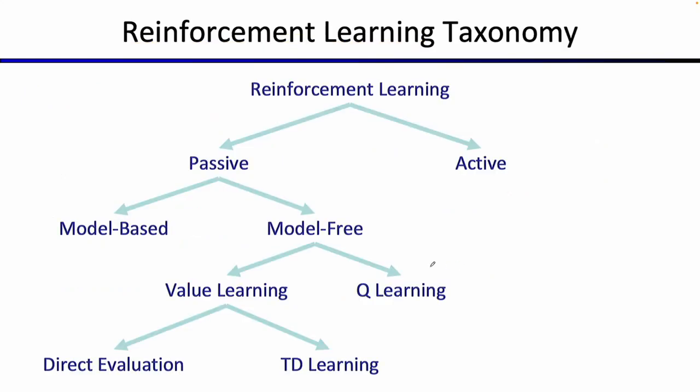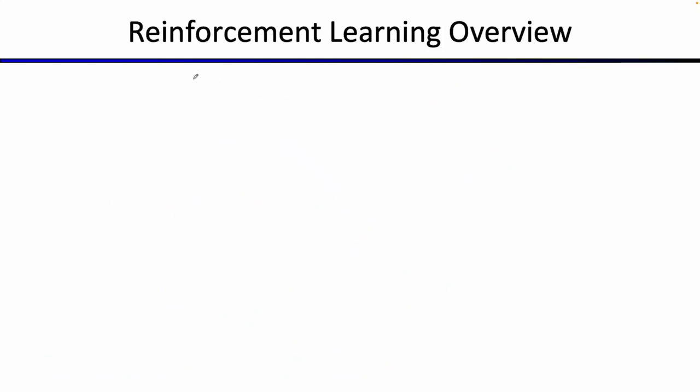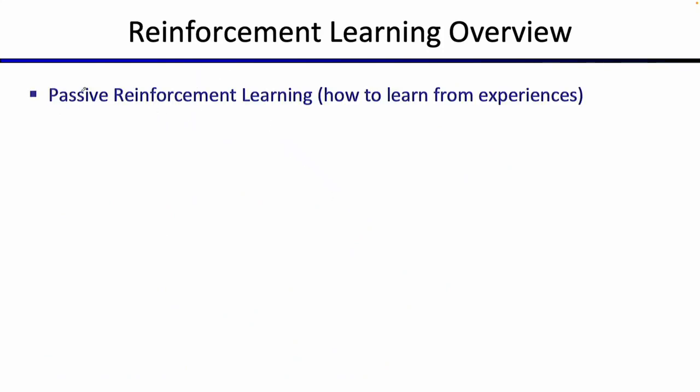And last time we looked at a whole taxonomy of approaches, ways to divide up solutions to this reinforcement learning problem. We've looked over all of these methods, and just going over them in text so that you have a reminder: we looked first at passive reinforcement learning, which basically answers the question of how I can learn the goodness of states, or values, just from passive experiences that were already given to me by some other policy.